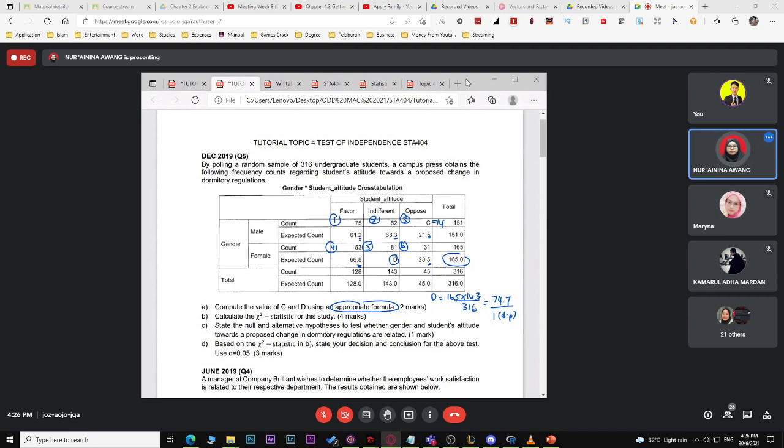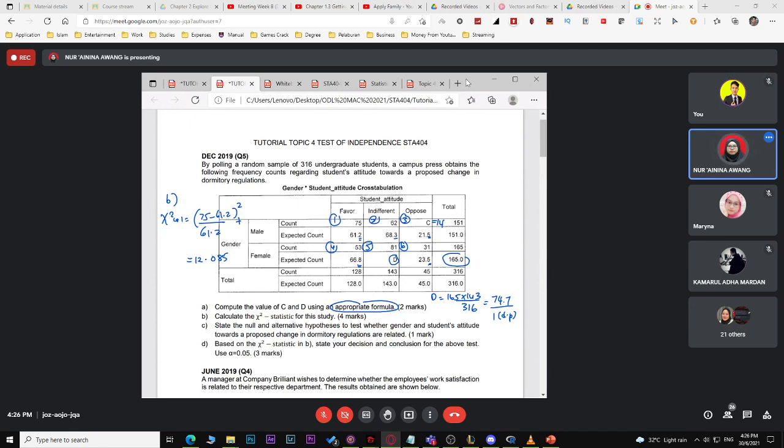You must have 6 values to calculate your chi-square calculated. Okay, meaning 75 minus 61.2 squared over 61.2 plus your second, third, fourth until the sixth. There must be 6 and then you will get your final answer is 12.085. Okay, so this is for B.